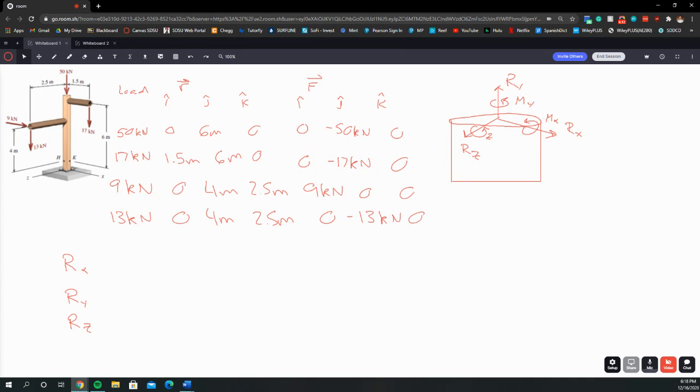All right. Rx. We only have one force in the positive x direction, so the reaction force is going to be negative 9 kilonewtons so it can oppose that. Ry is going to be the summation of all the j forces, so negative 50, negative 17, negative 13. That adds up to negative 80, so our reaction force is going to be positive 80 kilonewtons.